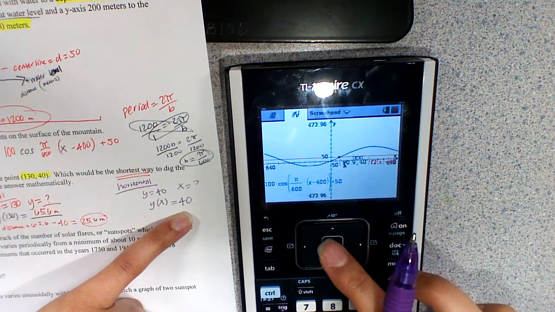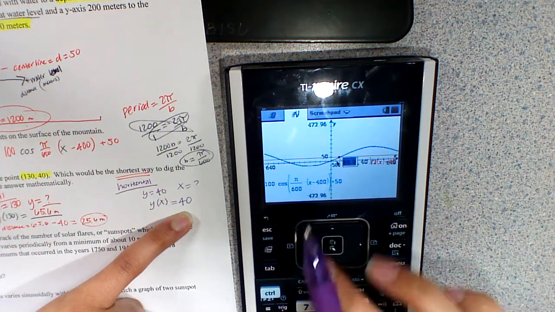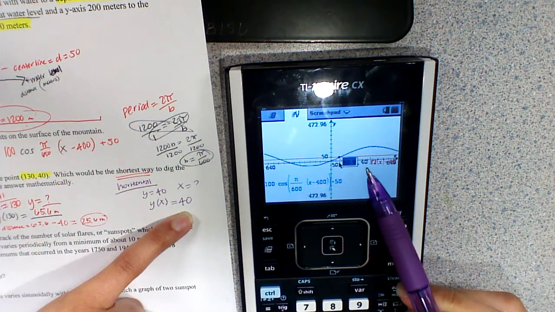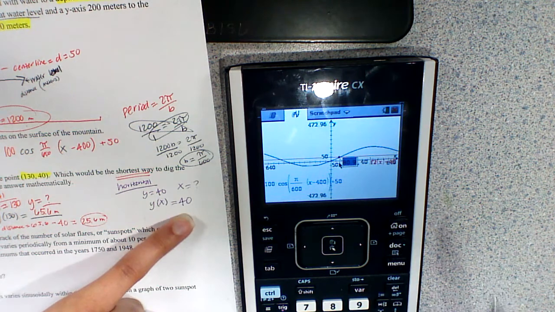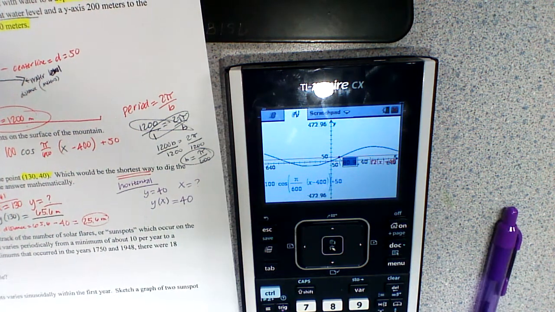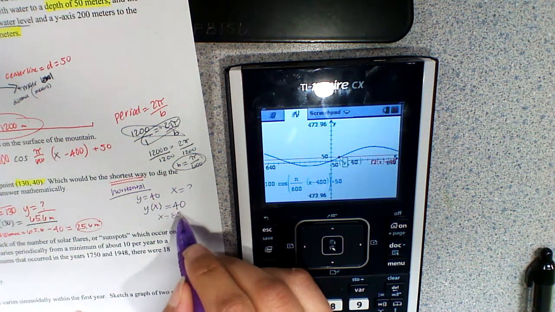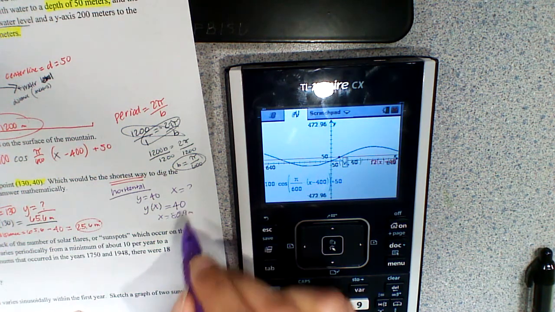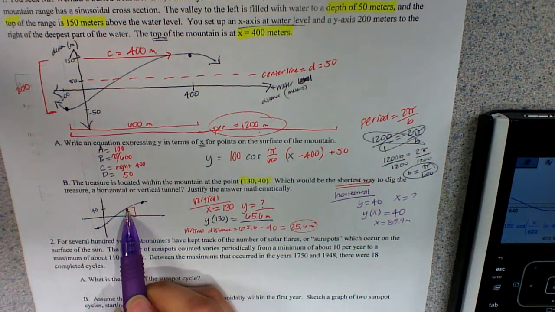Okay, and again, not sure if you can see that, but it says that when Y is 40, your X value is 80.9. So X is 80.9 meters. Now again, that is the entire distance from the axis to the treasure.